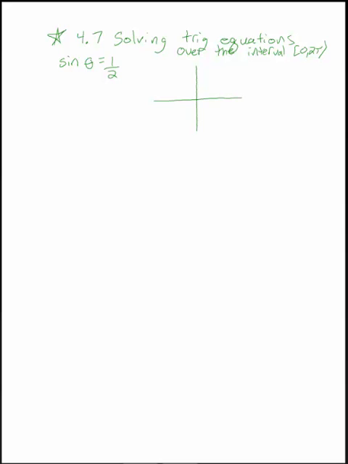Okay, so the mnemonic that I use that helps me remember in what quadrants sine, cosine, and tangent are positive and negative, and you'll hear me mention this in class, is ASTC, and the little mnemonic is all students take calculus.